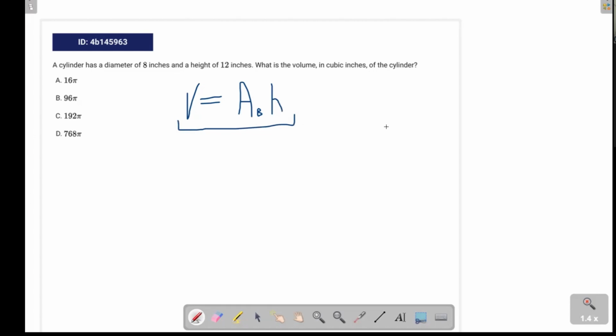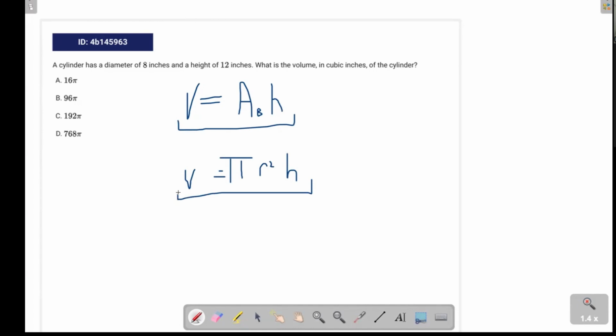The base of a cylinder is going to be a circle, and the area of a circle is just pi r squared. So when you plug in the area, it's going to be pi r squared times h, and that's equal to our volume. So if you just know area times height is equal to our volume, you can figure out what the volume of a cylinder is. So once you get to here, now we have the volume of our cylinder.